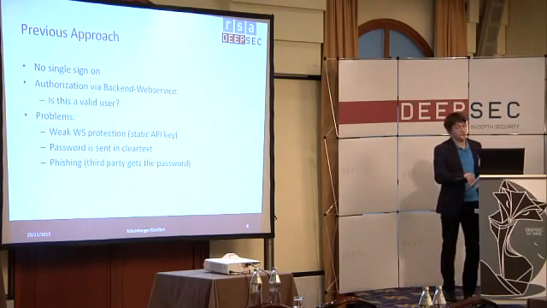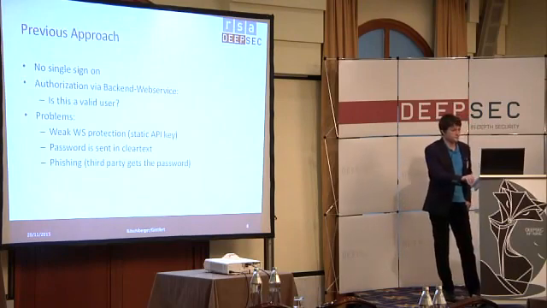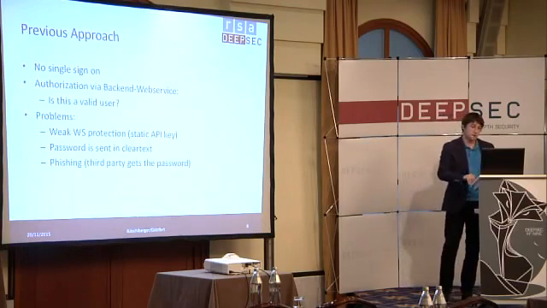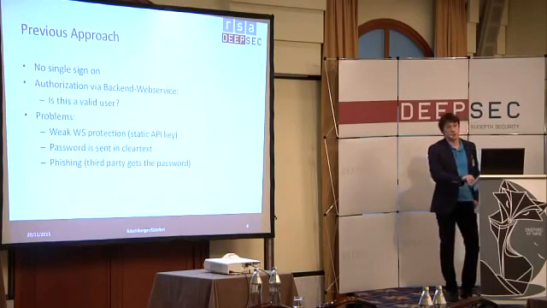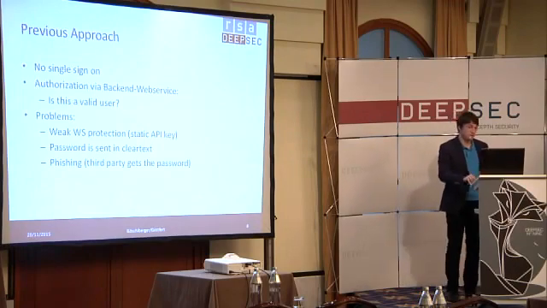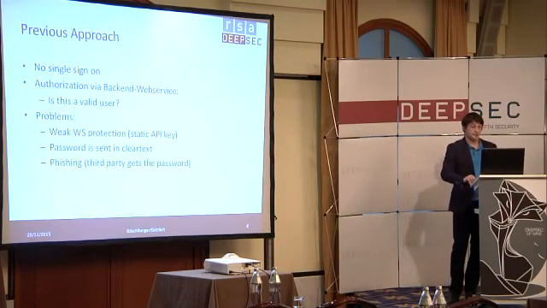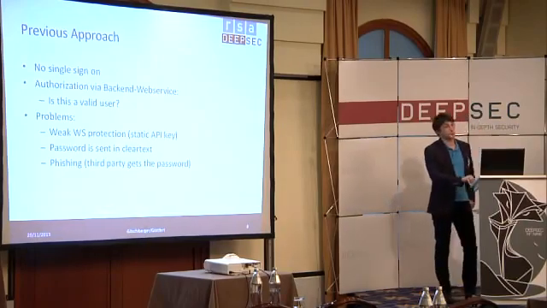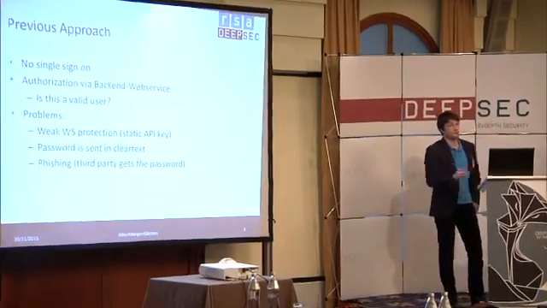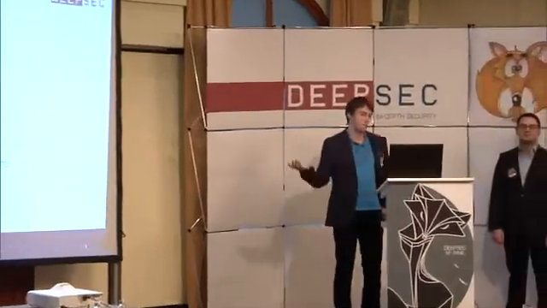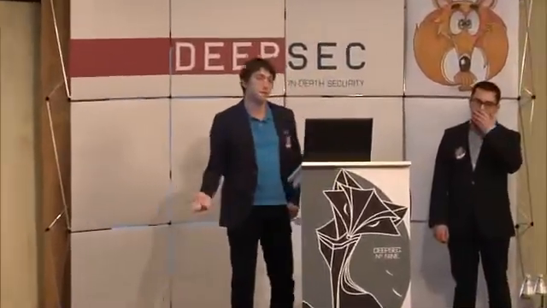That leads to some problems. The web service is protected just with a static API key. Once you know the key, you can do whatever you want with the service. The password is sent in clear text, and you have no control over what the third-party app does with the password. So the third-party app basically can store the password and use the legacy system on behalf of a different user.